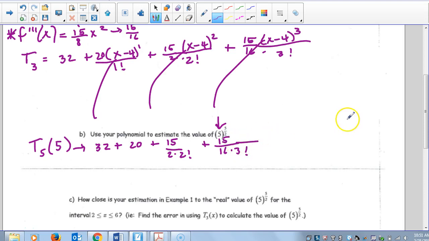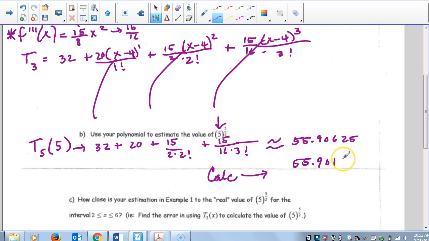And that's going to give you approximately 55.90625. Now, if you use a calculator, which is just doing this to more, with the center perhaps closer and to a larger degree, you get 55.90169944.